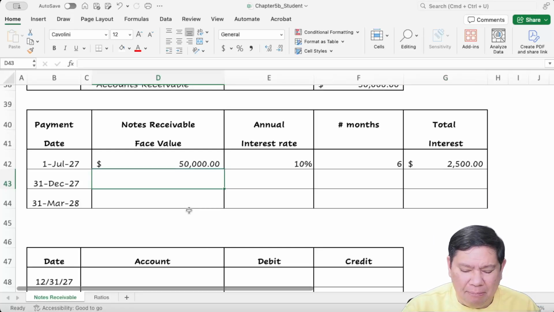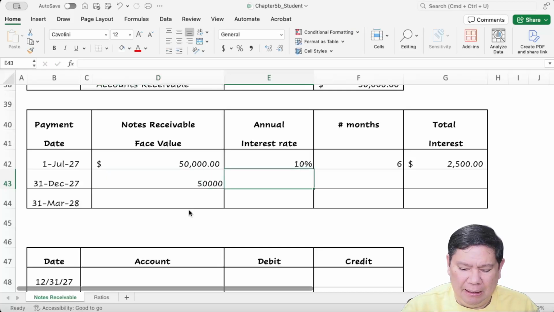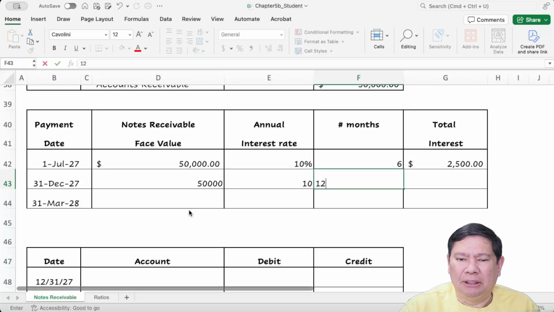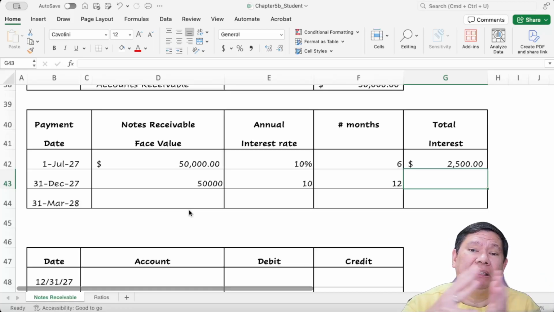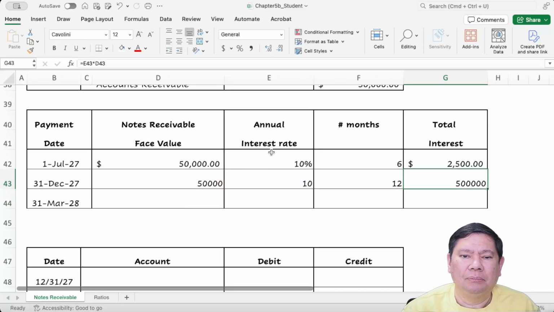What if it's December 31st, 2027? So the notes receivable is 50,000, 10%. That's 12 months from January 1st through December 31st. So that means 10% times 50,000.